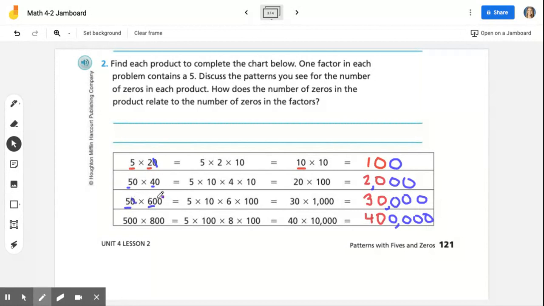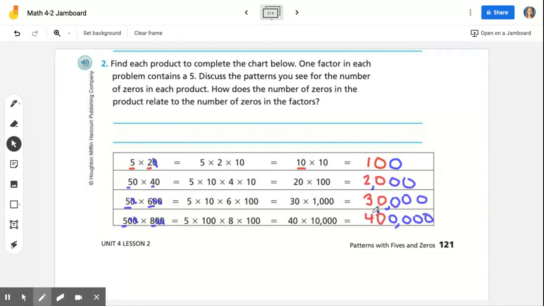And we ignored 1, 2, 3 zeros. So 3 zeros added on to our product gives us 30,000. And 500 times 800, 5 times 8 is 40. Ignoring 1, 2, 3, 4 zeros. And 4 zeros added onto our product then equals 400,000.